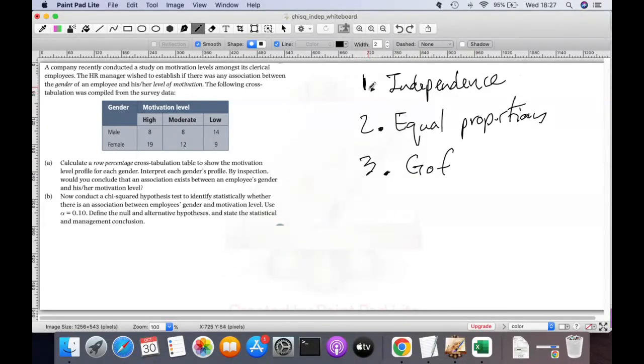Now for 1, for independence, an example of this is, think about you trying to test whether 2 variables are independent. So let's think about an example. 1 variable is gender. You want to determine if on average males run faster than females in the 1,500 meters.